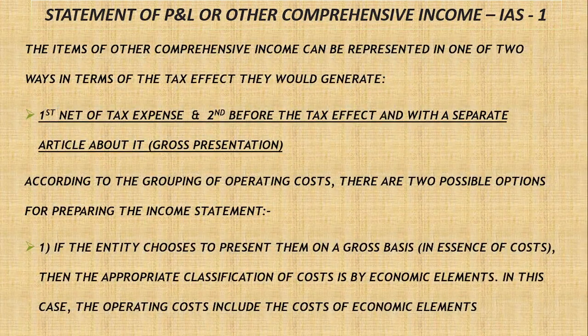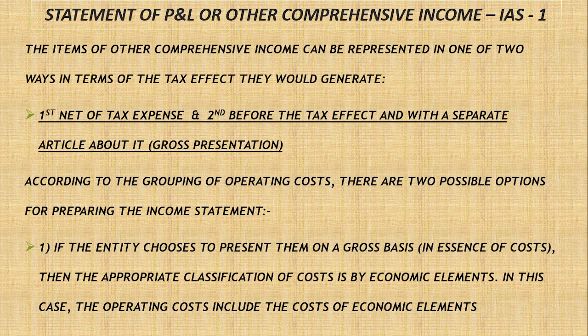The items of other comprehensive income can be represented in one of two ways in terms of the tax effect they would generate. First, net of tax expense, and second, before the tax effect and with a separate article about it, gross presentation.